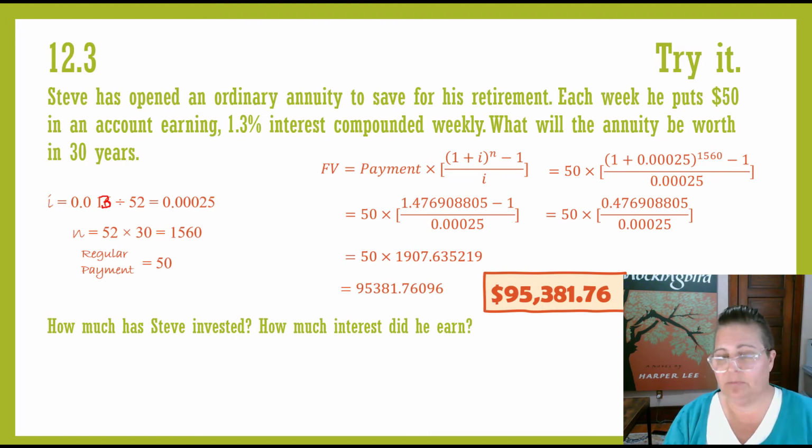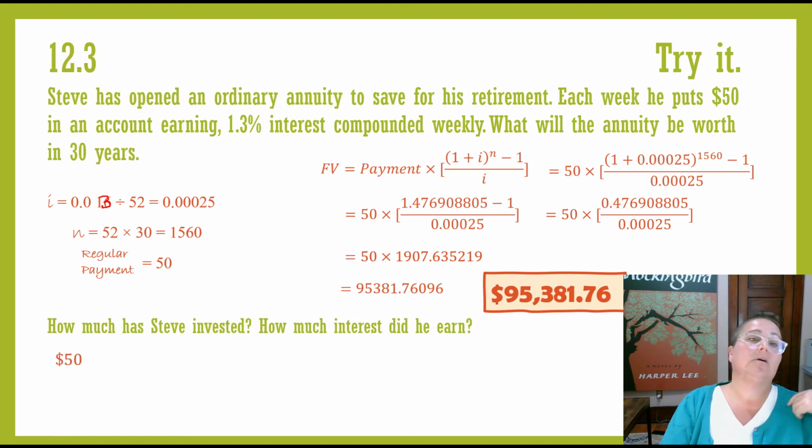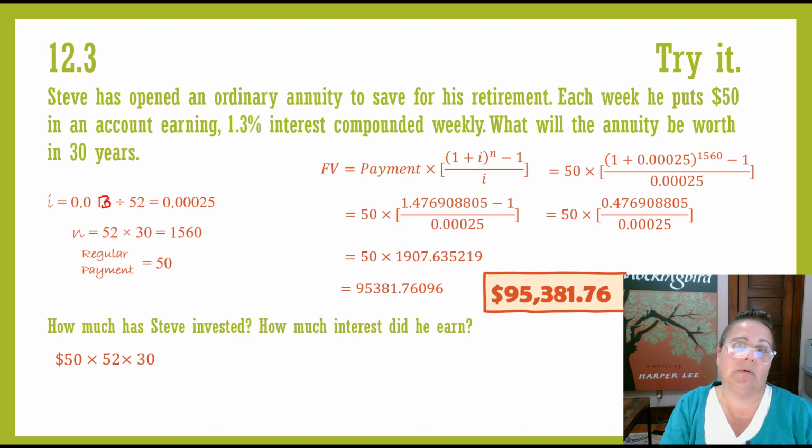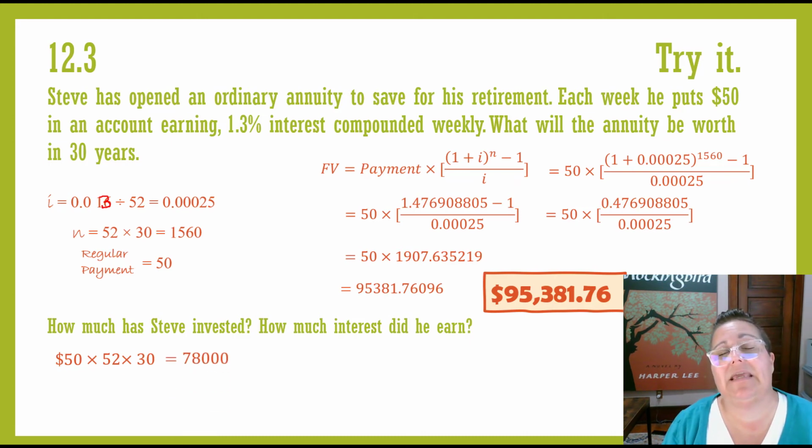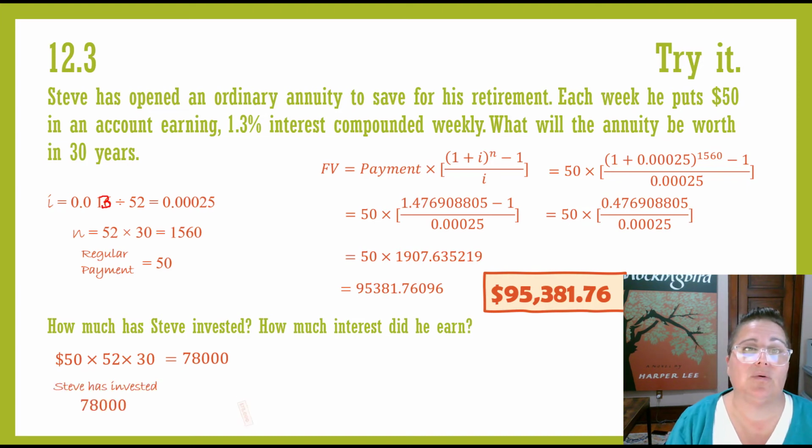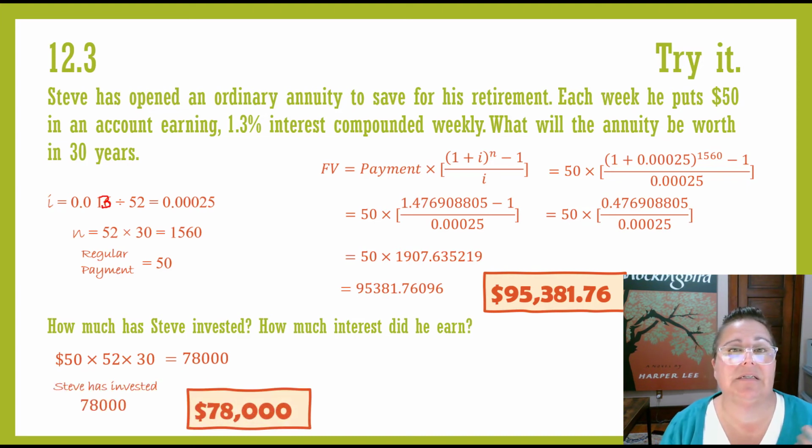So Steve has put away $50 every week for 30 years. That means Steve has invested a total of $78,000 of his hard-earned cash. He was able to take out of this account $95,381.76.